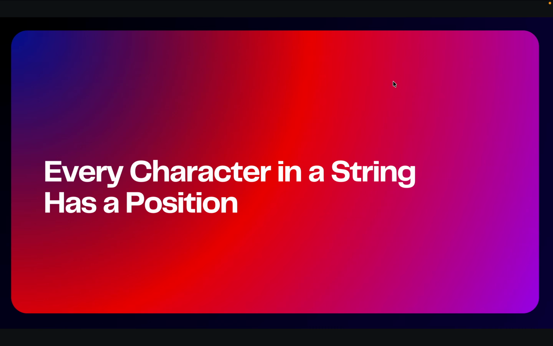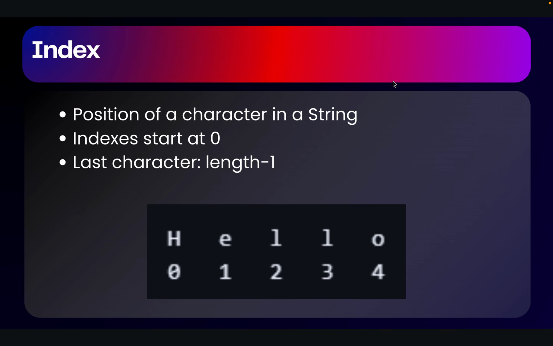So now that we've covered the difference between those two common terminologies you may hear when working with strings, another thing you need to know is that every character in a string has a position. When we're referring to a position of something in Java, we call that an index. An index represents the position of a character in the string we're working with.